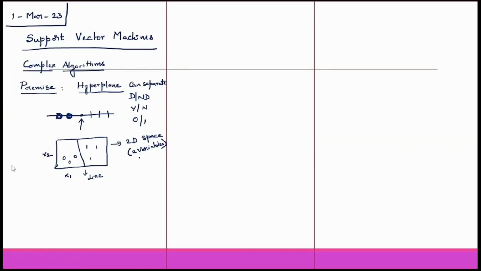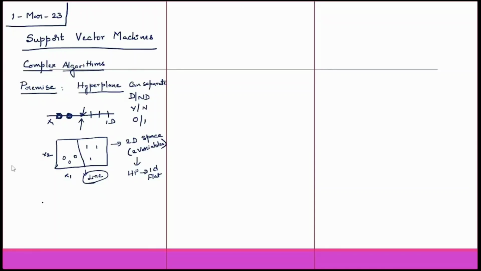So if I have two variables, the hyperplane is a one-dimensional flat figure, which means it's a line. A one-dimensional figure is typically a line. And similarly, if my data is just one-dimensional data, where only x1 is there, then my hyperplane is a zero-dimensional object, which means it's just a point.